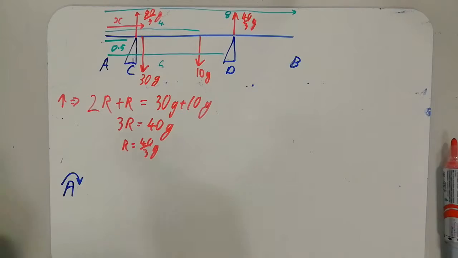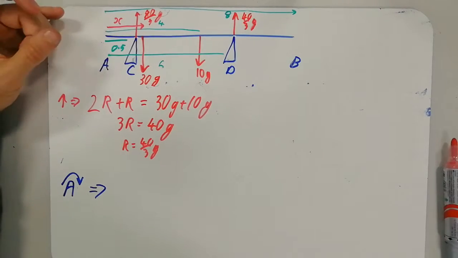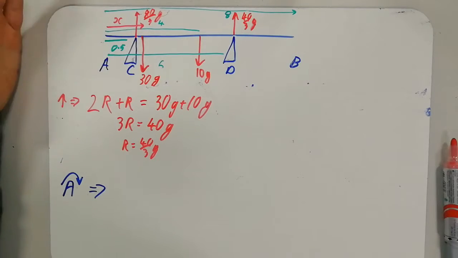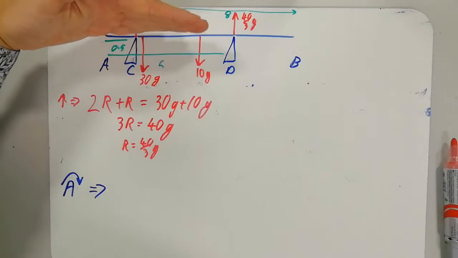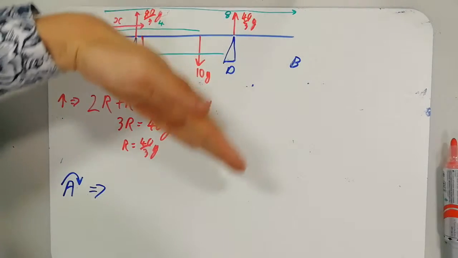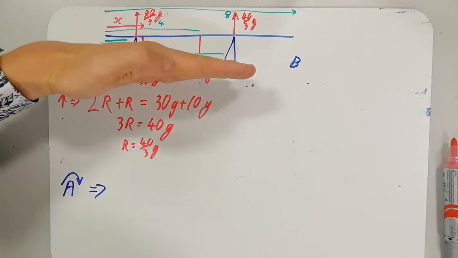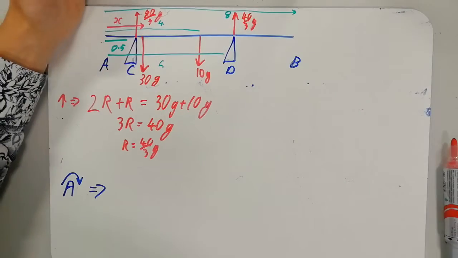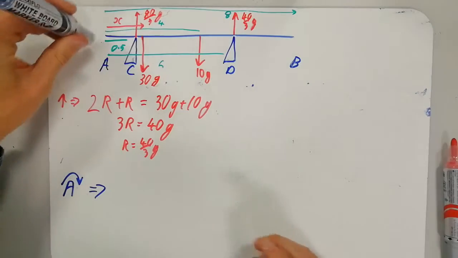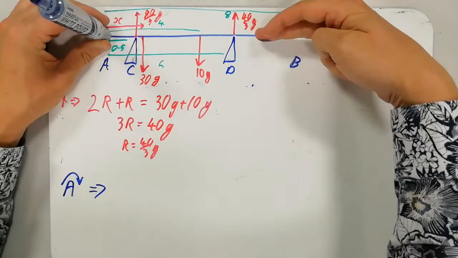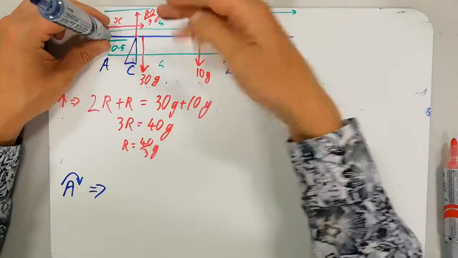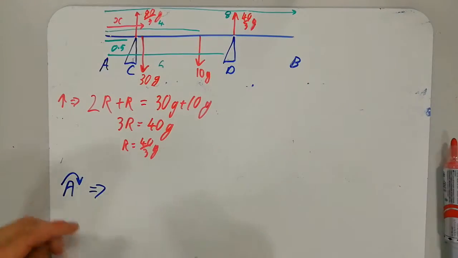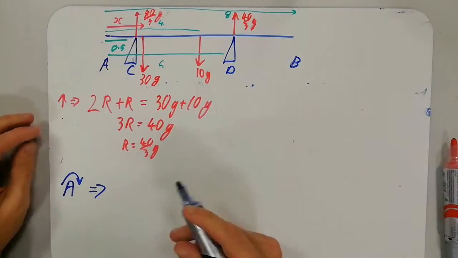We can take moments about A. When I take moments about something in equilibrium, and everything you do in A-level maths will be in equilibrium, I know that the moments trying to turn my rod clockwise will equal those forces trying to turn my rod anti-clockwise. So if you imagine that we put a pivot at A, a hinge at A, those two forces are trying to turn it clockwise. These two forces are trying to turn it anti-clockwise. They must be in equilibrium.